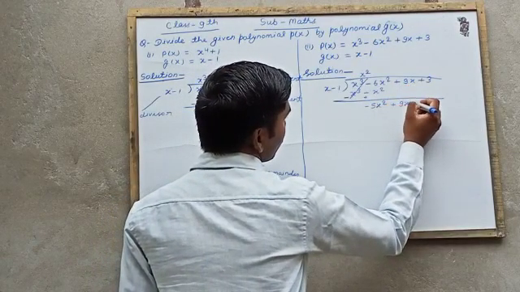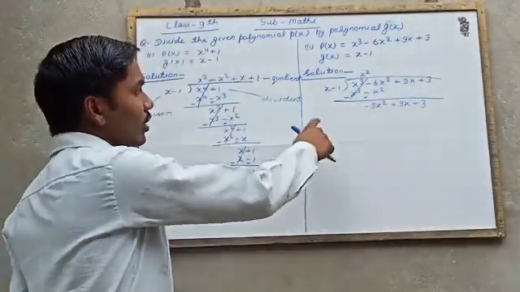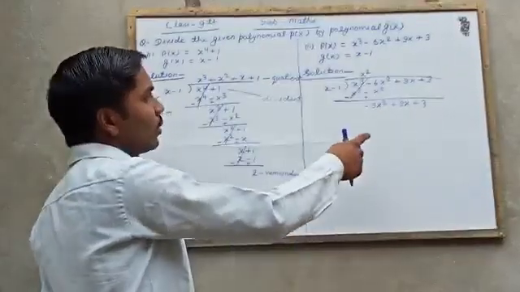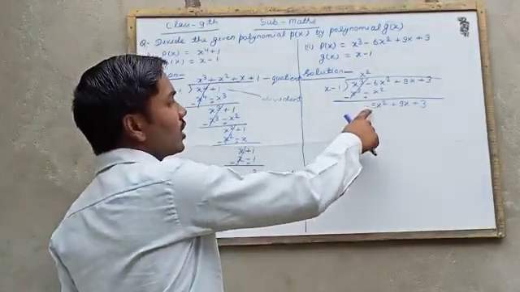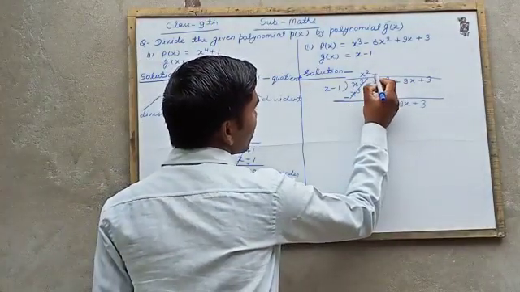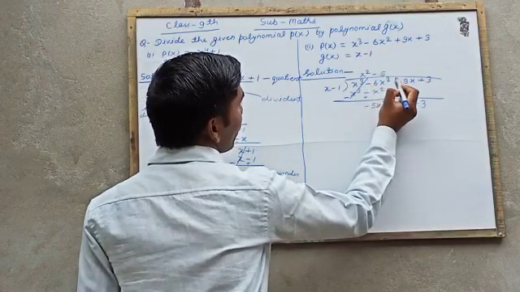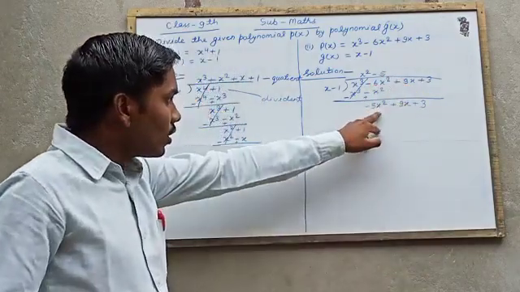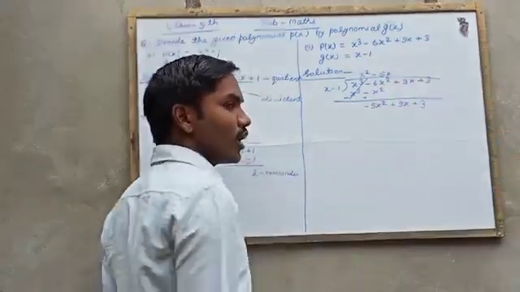Write down 9x plus 3. Now in the next step, the coefficient of x is 1, but here it is 5, and it is minus also. So put minus, and the coefficient of x is 5. The power difference is 1, so you will have to put x.